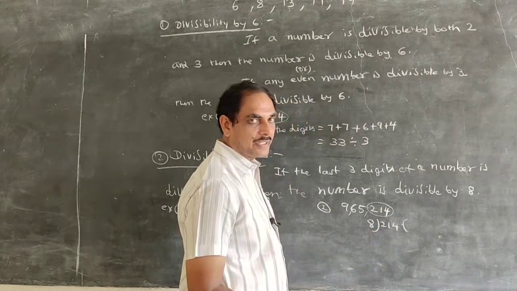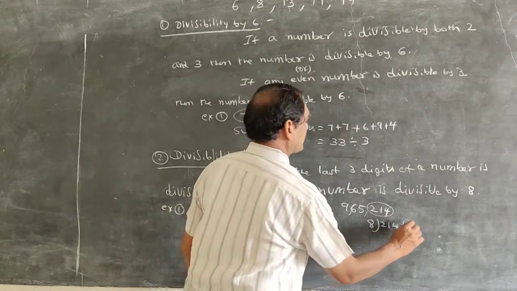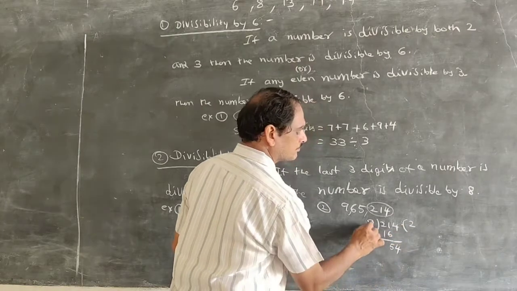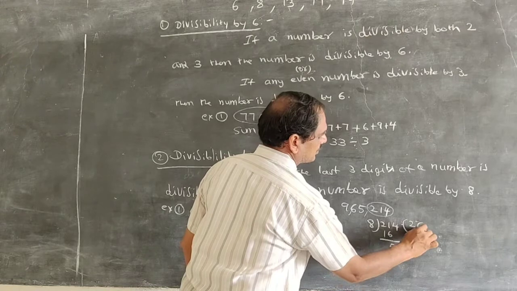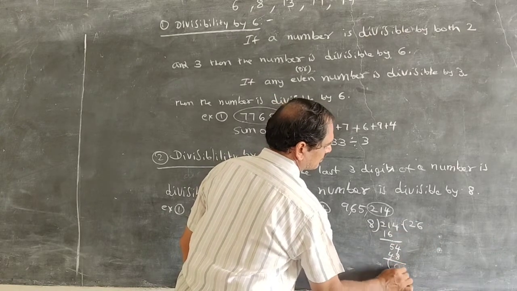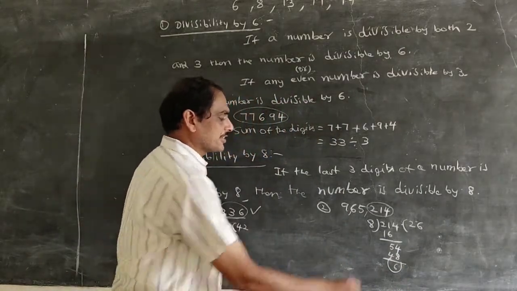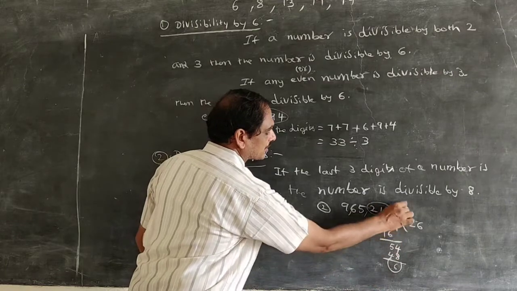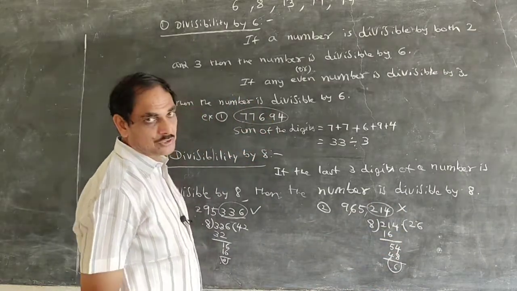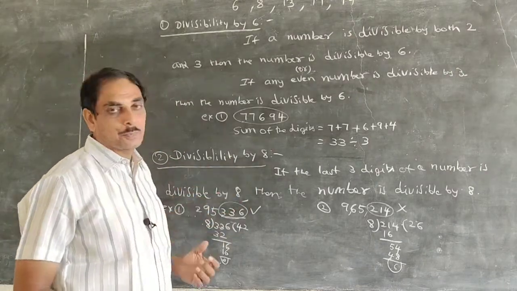If it is divisible by 8, then we say that the total number is divisible by 8. 8 twos are 16, 5, 4, 8 sixes are 48. So the remainder is 6. That means 214 is not divisible by 8, so the number is not divisible by 8. So these are the first two properties: divisibility by 6 and divisibility by 8.